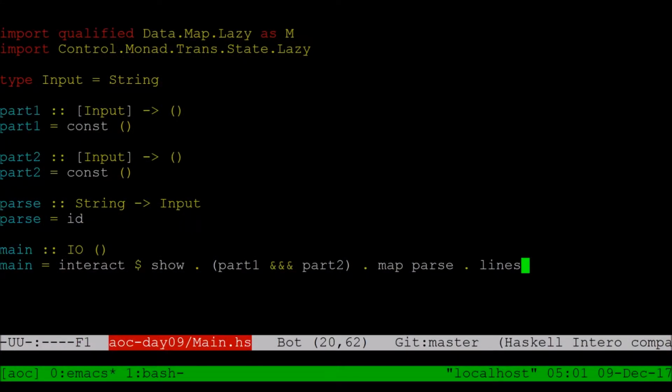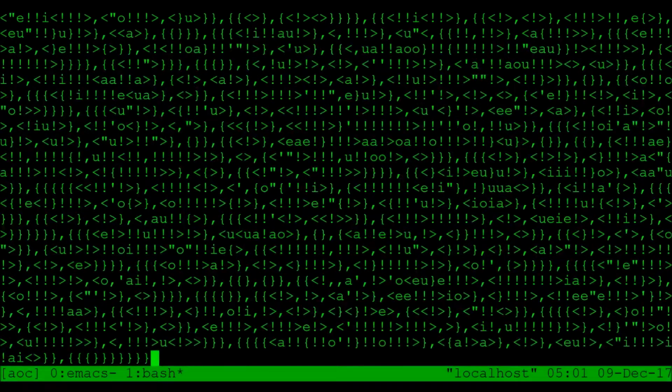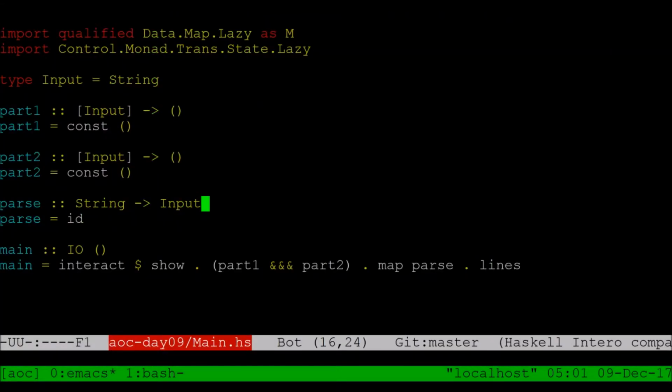So we don't actually want a parser at all. Oh, let's get our puzzle input, shall we? Get out of here, Chrome. Oh, whoops, I forgot how to paste. There we go. So we're, okay.